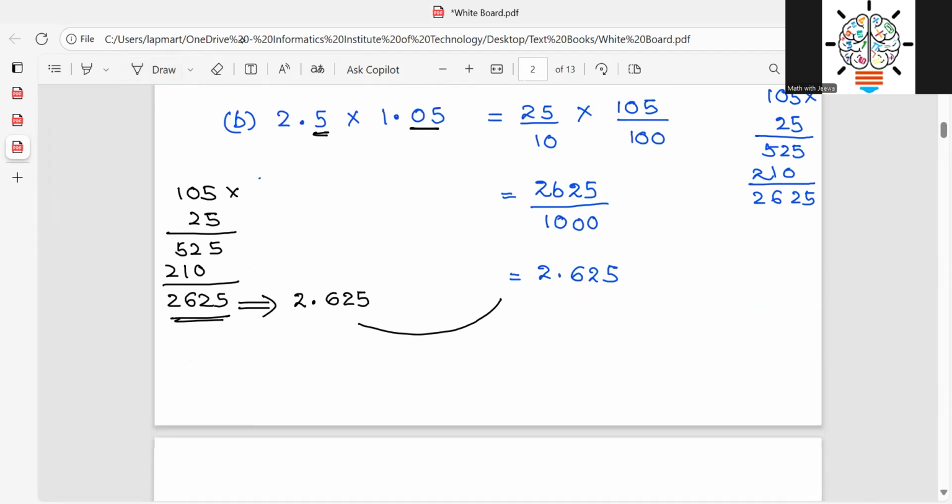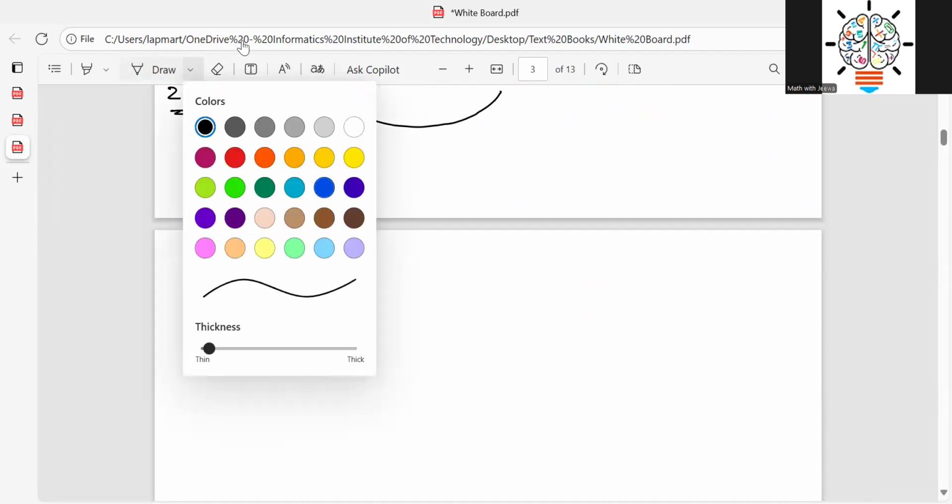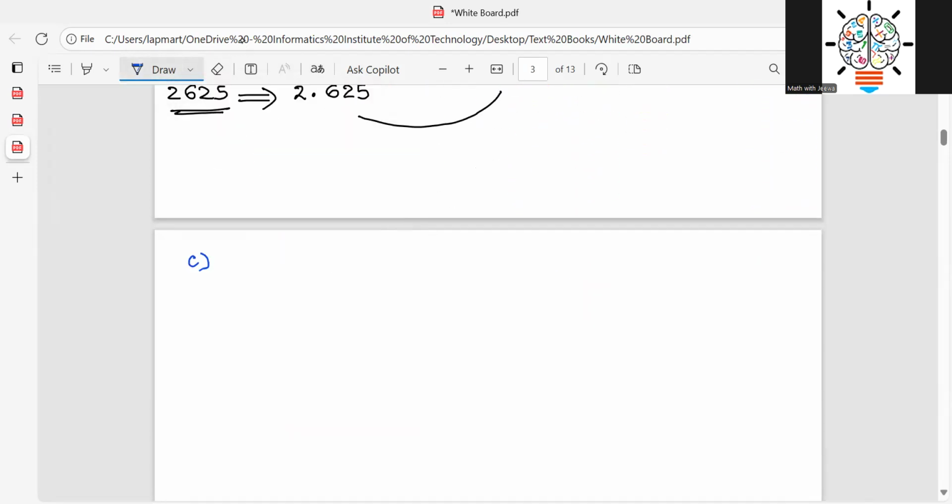So then we will move to part C. Part C, we have the division, 1.05, the other way around. 1.05 divided by 2.5. What I do, first I write this as a fraction. It's easier for me to deal with the decimals like this.